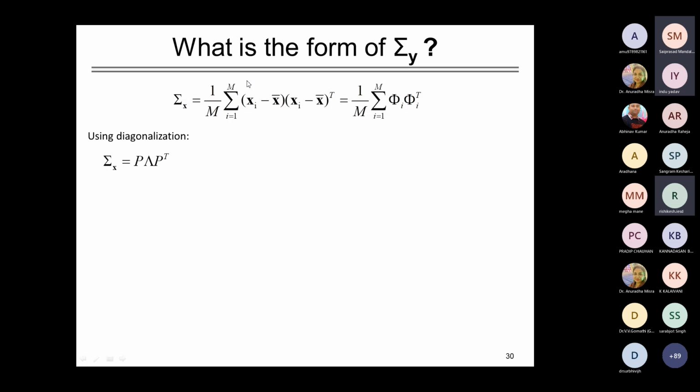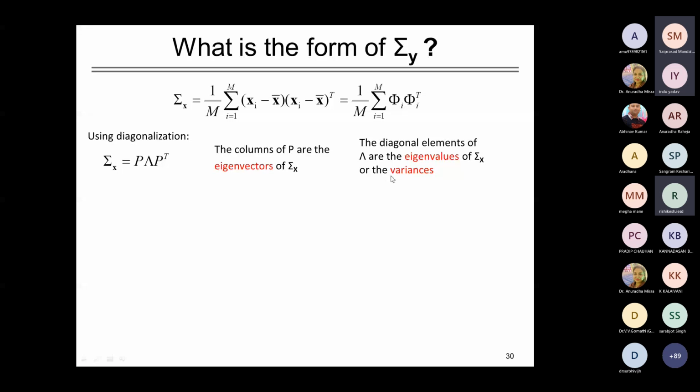Using diagonalization, it will be sigma x equal to P lambda P transpose. The columns of P are the eigenvectors of sigma x. The diagonal elements of lambda are the eigenvalues of sigma x, or the variances.